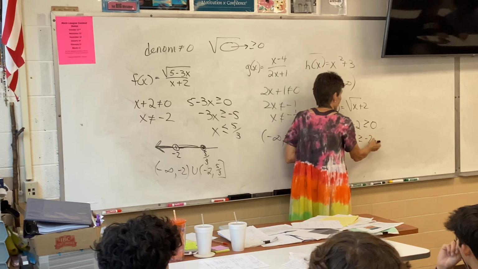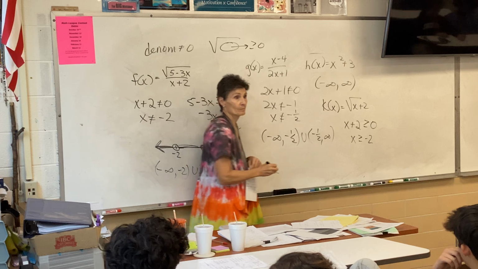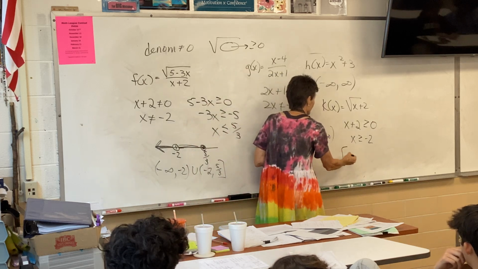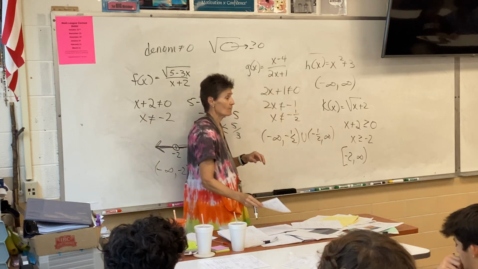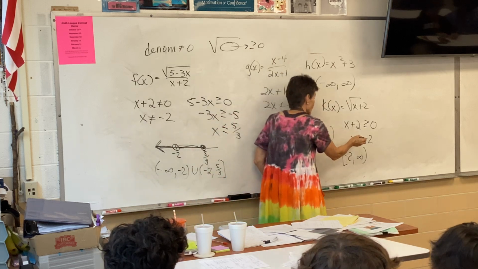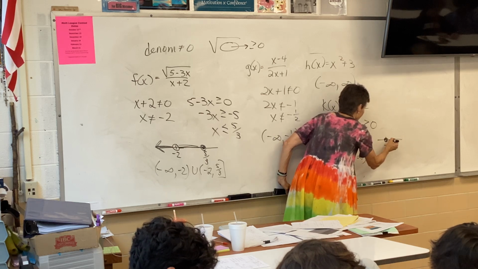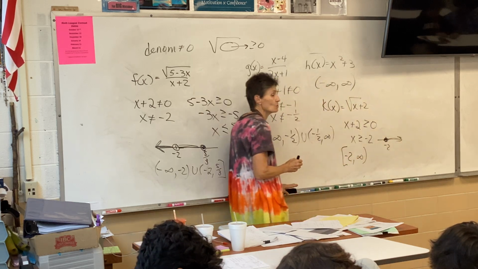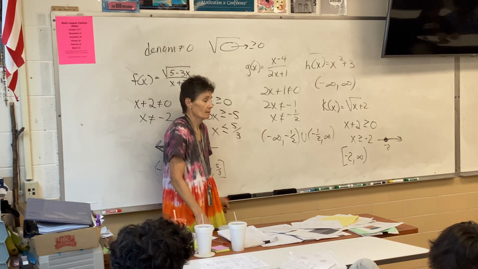So x is greater than or equal to negative 2. So negative 2 to infinity. And again, if you're having a hard time getting from here to here, draw it. Solid dot at negative 2 going that way. As soon as you draw it, you can write that interval pretty easily.